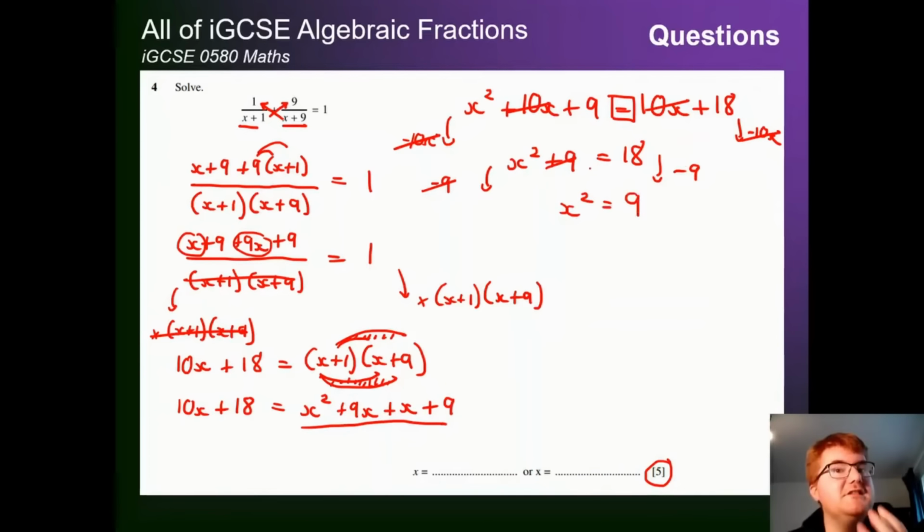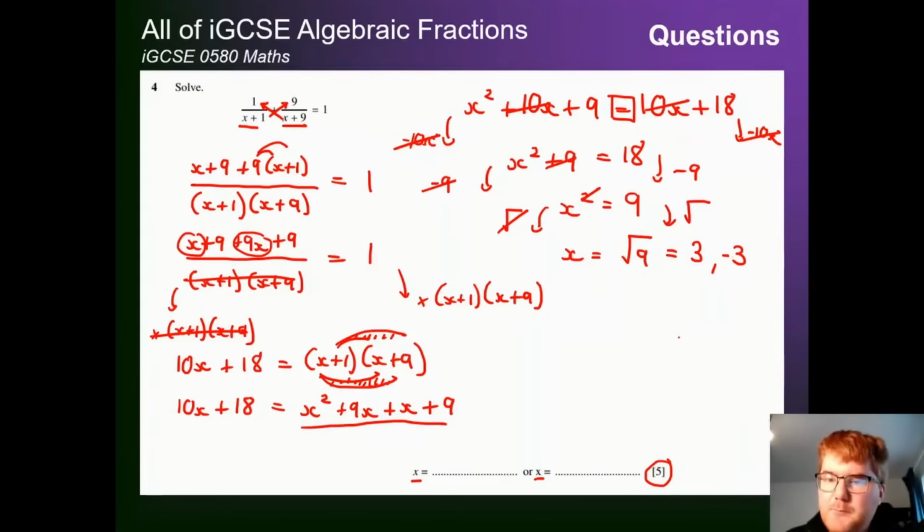And then final step here, we're almost there. What's the opposite of squaring something? We're going to square root on both sides. That leaves us with x on its own, the square root of 9. This is where we have to be very, very, very careful. Notice there are two answers it's looking for. So it's not just 3, but it can also be minus 3 as well.